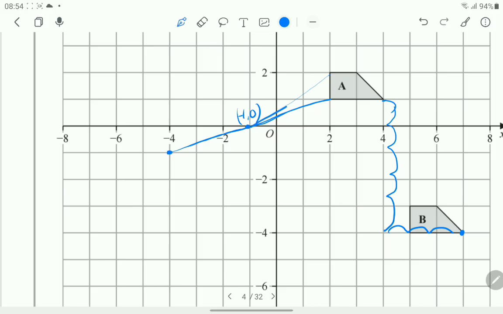For this corner, I draw a line and I try to replicate this line, and for this corner it's 1, 2, 3, 4, and 5 steps to the right and 1 step up.